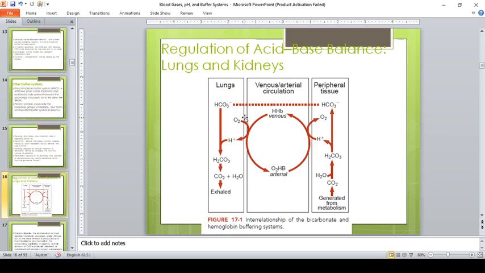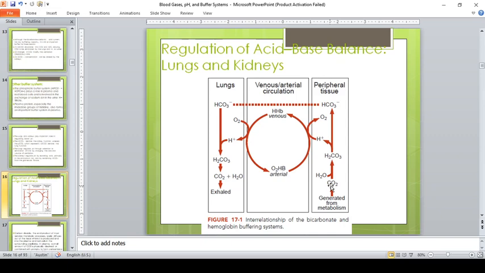Okay, so we have here regulation of acid-base balance, okay, sa lungs, okay, and in the peripheral tissue. Okay, so the carbon dioxide, which is generated from metabolism, that is the end product of most aerobic metabolic processes. So it easily diffuses out of the tissue or out of the cell, where it is produced, into the plasma and red cells in surrounding capillaries.